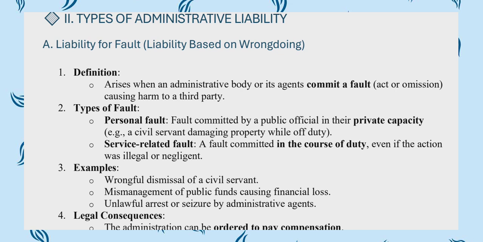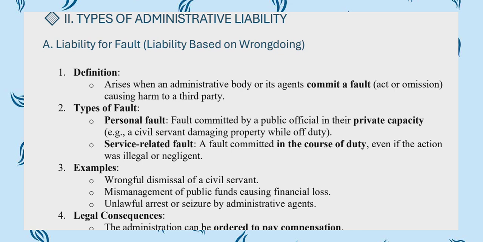So here, it can be as a result of illegality, meaning that his action was illegal, or negligent, meaning that while carrying out his duty, he neglected some things which cause harm to you as an individual. So an example, you have mismanagement of public funds that has caused financial loss.